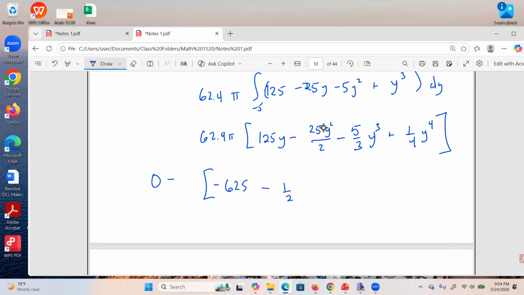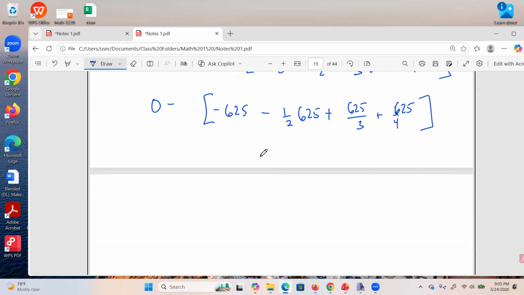If I plug in my 5 here, it's 5 squared, so it's 25, and 25 times 25 is 625, over 2. Then minus, this is a -5 times all of this stuff, a negative times a negative, so we're going to have a positive. Here we have 125 times 5 is 625 over 3. And then finally a plus, and -5 raised to the 4th power is positive, so we have 1/4 with 625 on the top.